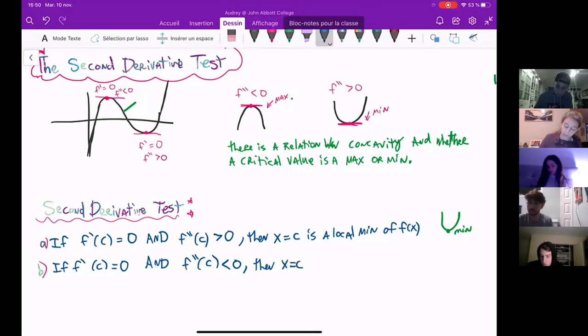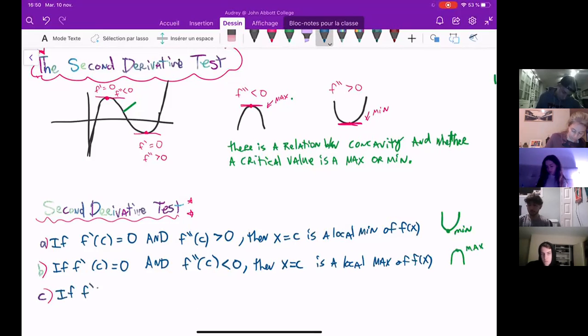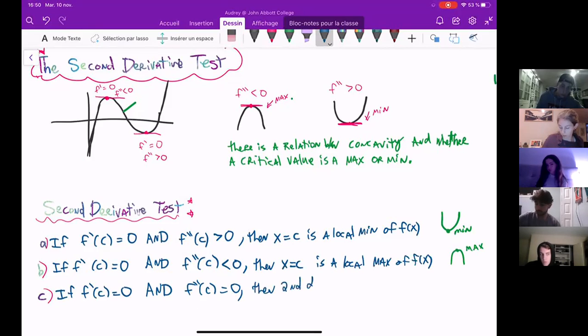Then x equals c is a local max of f of x. And if f double prime is equal to 0, then the second derivative test is inconclusive.